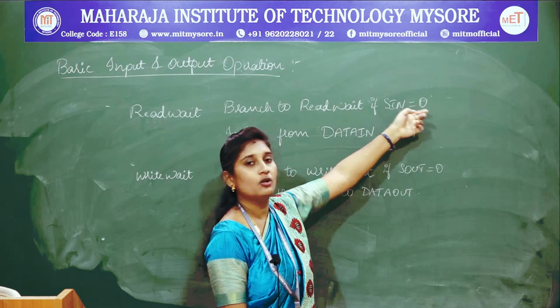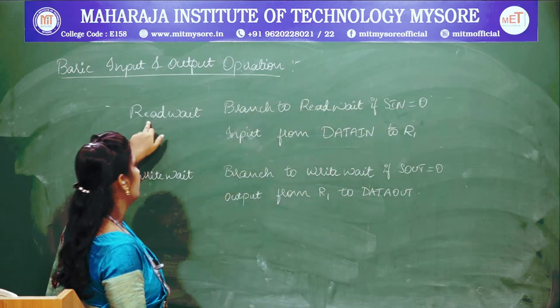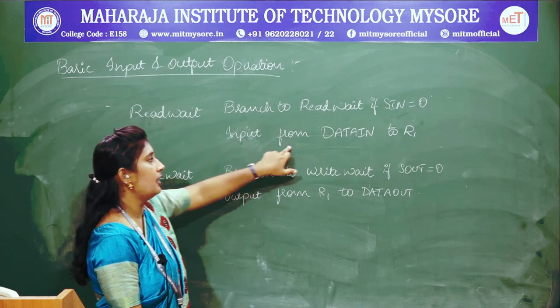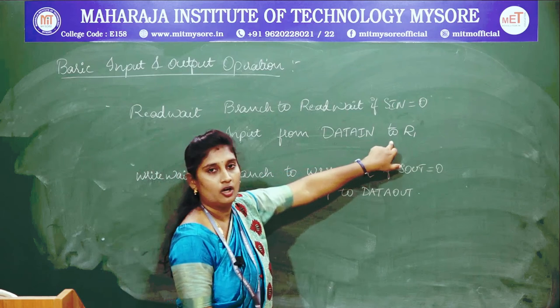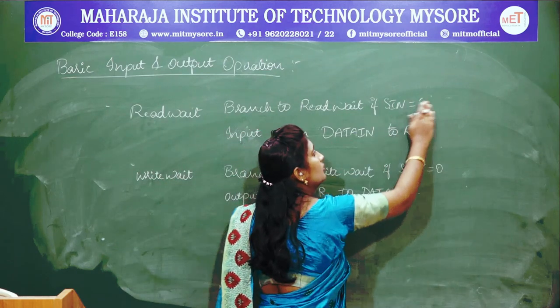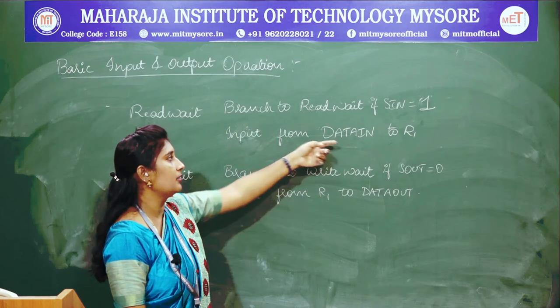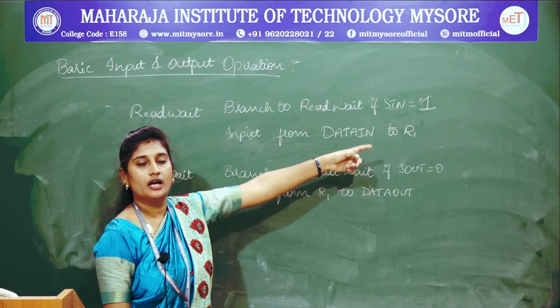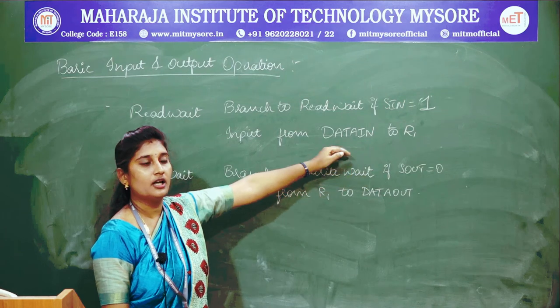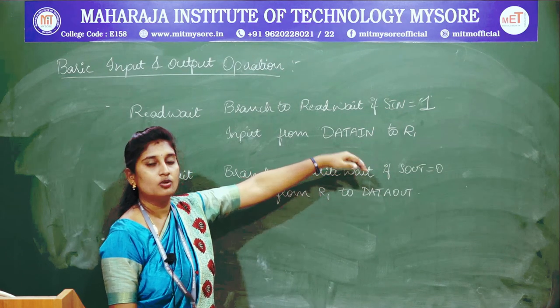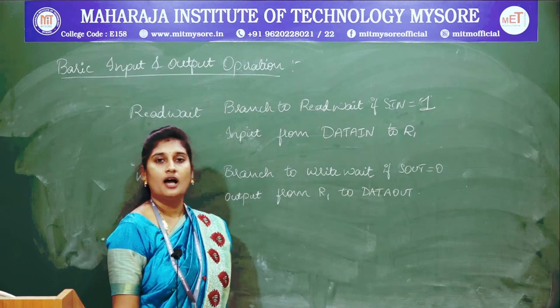If sin is equal to 0, I will carry out the function read wait. If sin is 1, I will be inputting data from data in into R1. R1 is a processor register. I will be transferring the data from my buffer register data in into my processor register R1.